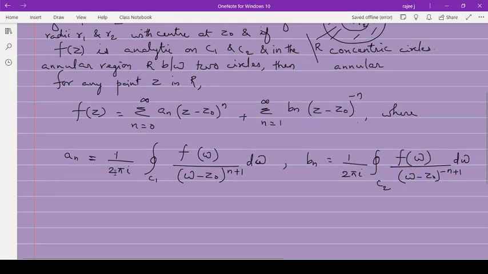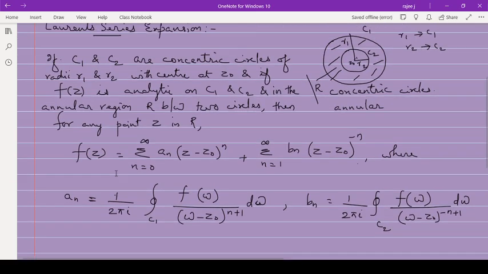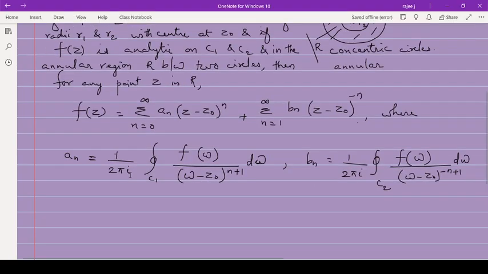Now, how I have written a_n and b_n, you just note it down only. It is not necessary to learn this one, it is a bit higher level to understand, so don't go with that.